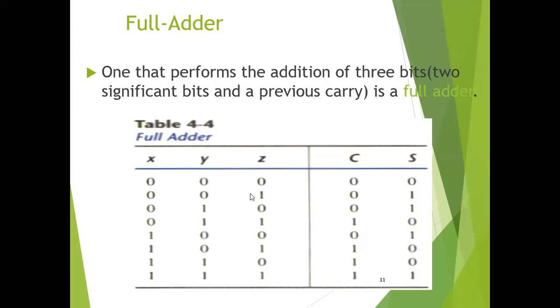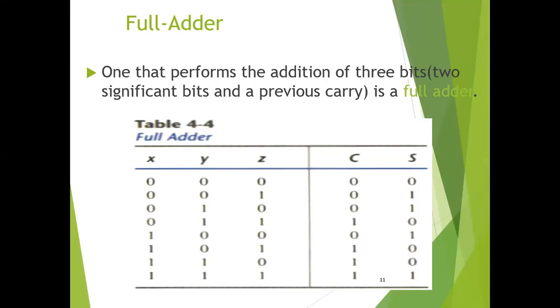When all input bits are zero, the output will be zero: S is equal to zero, and C is also equal to 0.